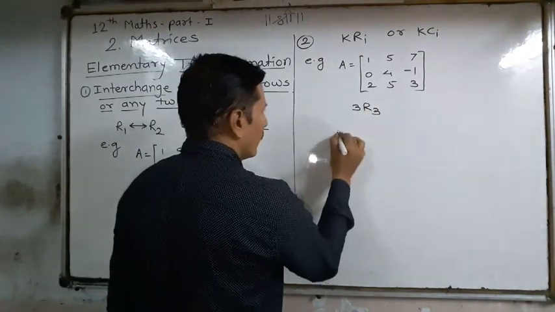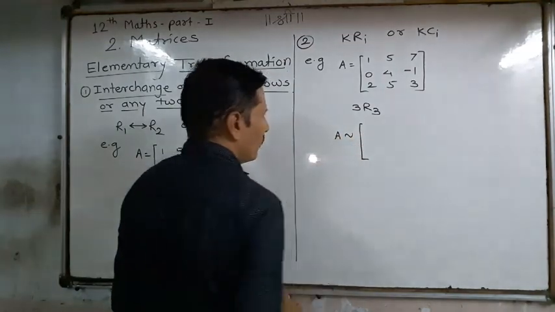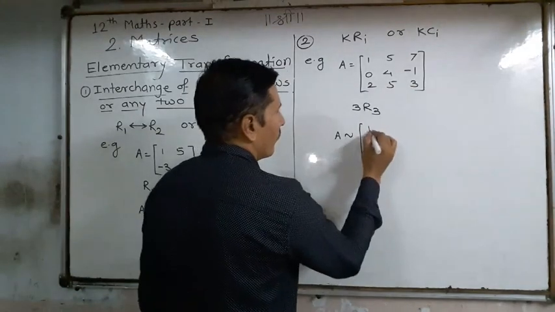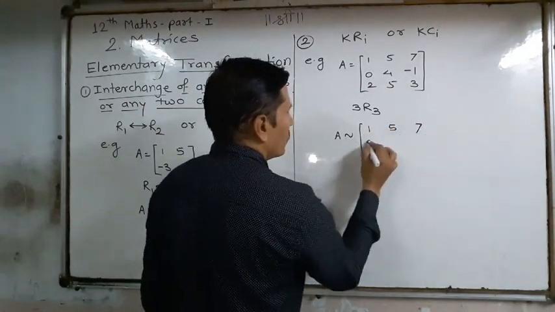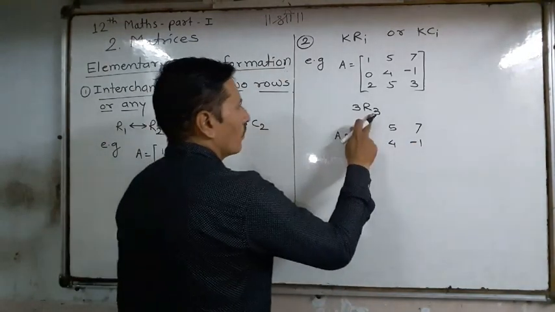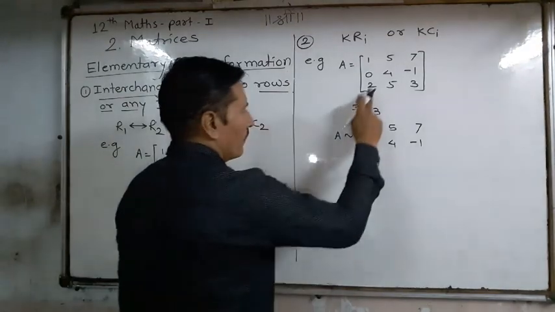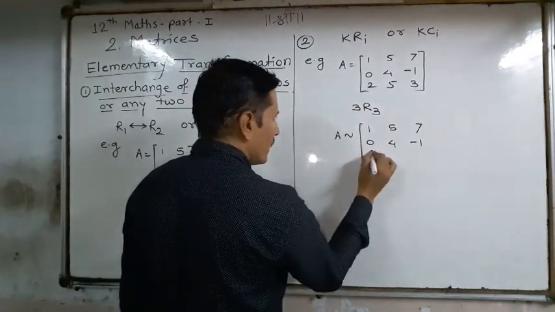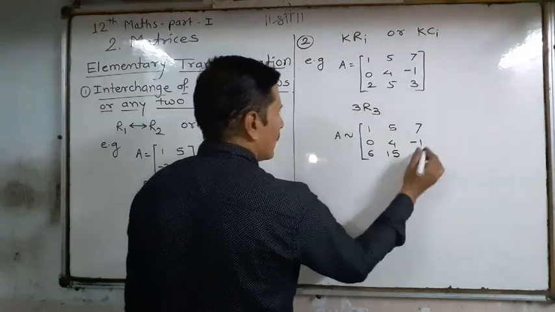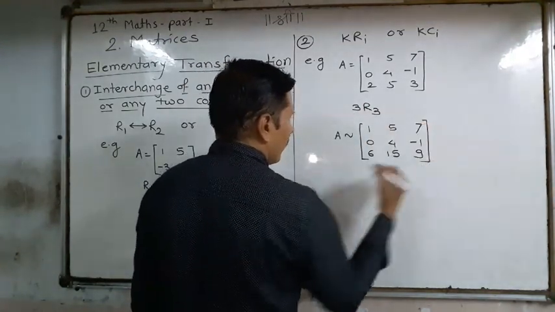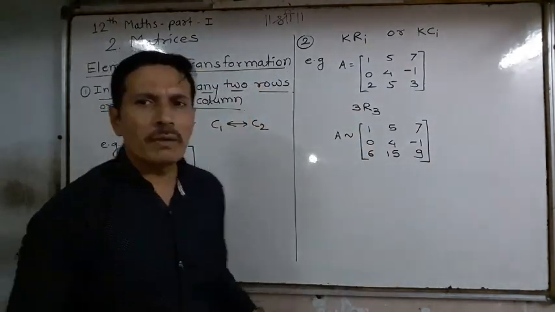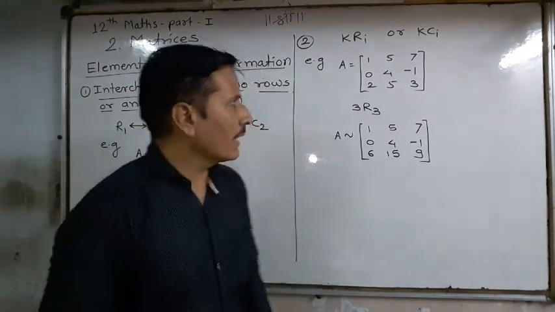We get the new matrix equivalent to A: the first and second rows are as they are, 1, 5, 7 and 0, 4, −1, and the elements of the third row are multiplied by 3. Therefore 3 times 2 is 6, 3 times 5 is 15, 3 times 3 is 9. In this way we can multiply the elements of the third row by 3. This is the second transformation.